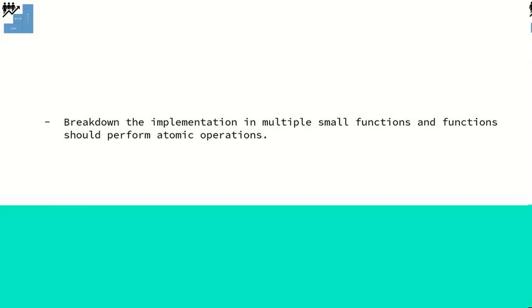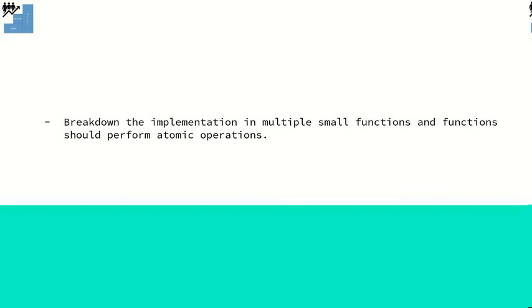Now we will look into the important concepts of design. It's important to break down the implementation into multiple small functions, and functions should be performing atomic operations only. For example, one of our functions was only implementing extended Euclidean algorithm. One function, the main function, was only driving the inputs and calling the functions.